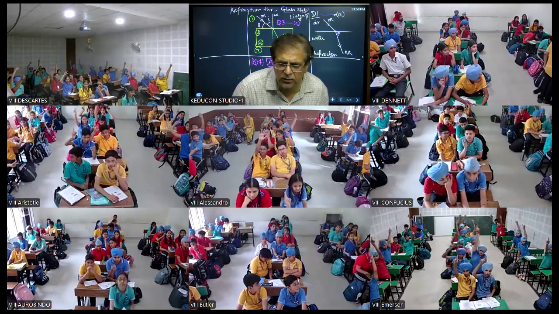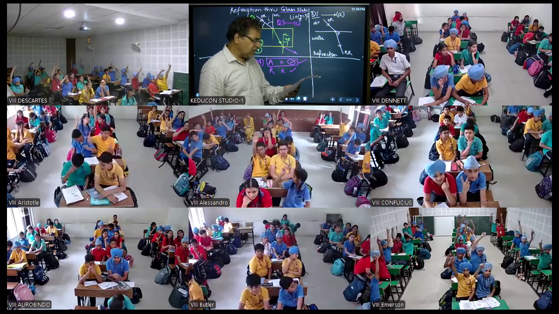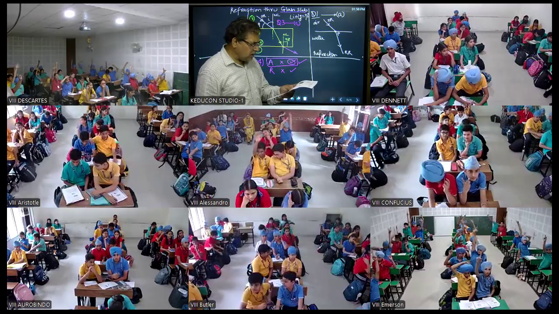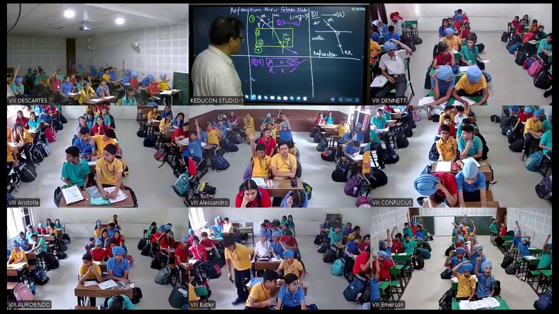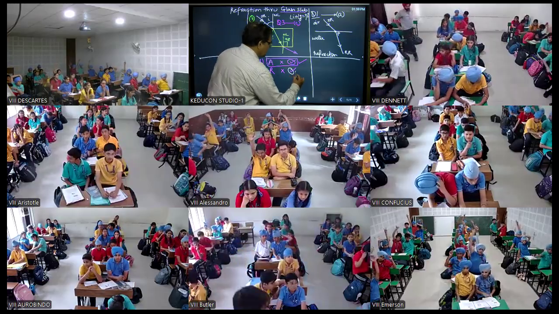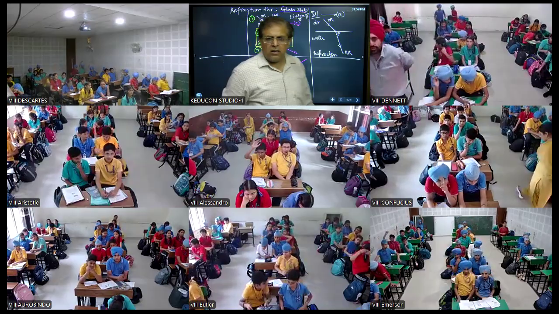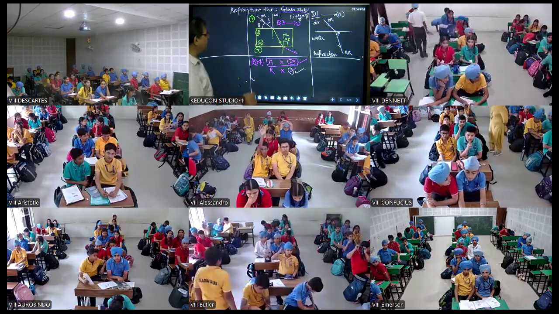How many fingers? You are saying correct. Speed of light is greater in air. Absolutely correct. Shabash. So very good performance. Dennett section is showing less performance. Otherwise, all good. Question number 5.